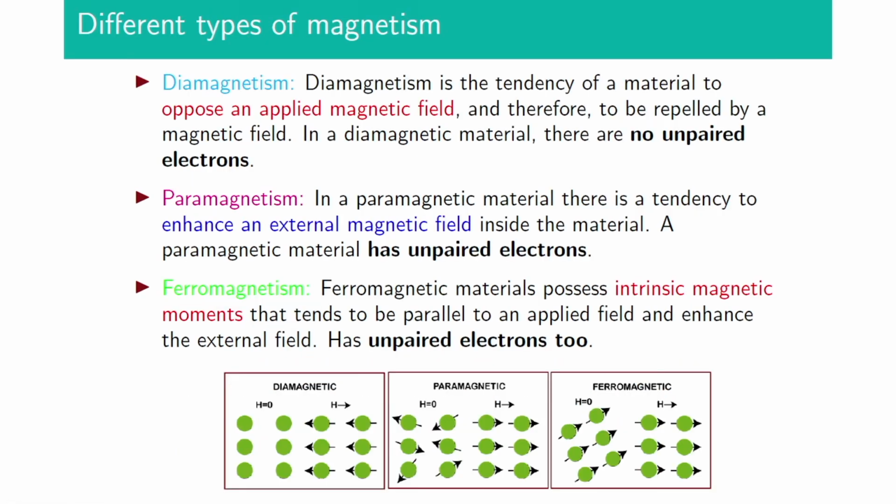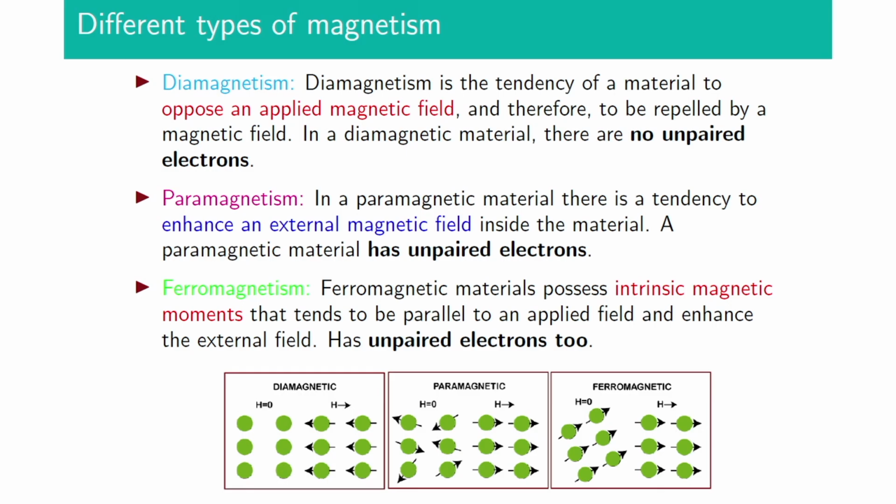The different types of magnetism that we are going to talk about here begin with diamagnetism. Diamagnetism is the tendency of a material to oppose an applied magnetic field, and therefore it is repelled by a magnetic field, or rather the ordering takes place in a direction opposite to the field. Diamagnetic materials have no unpaired electrons, which puts them in direct contrast with paramagnetism, where there are a lot of unpaired electrons.